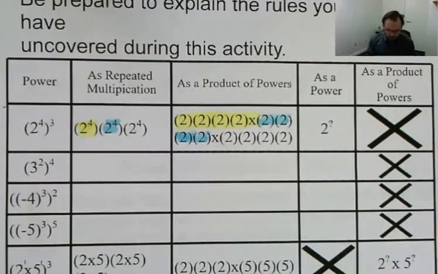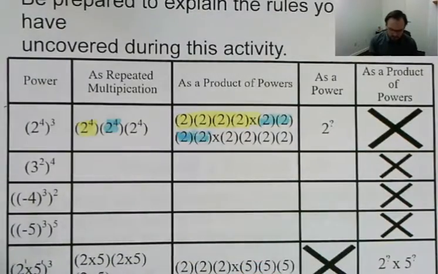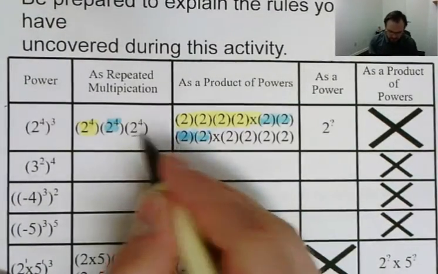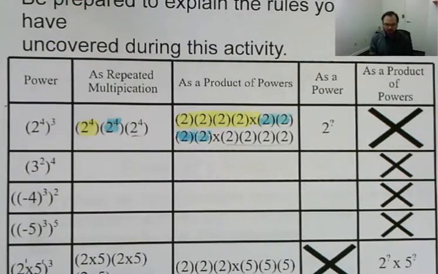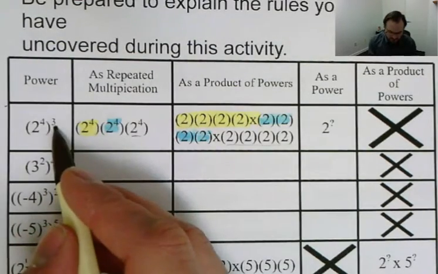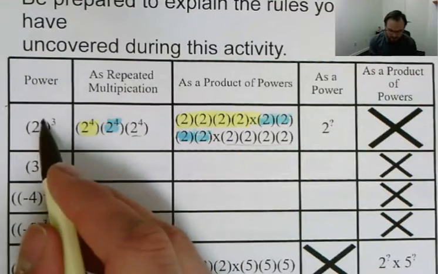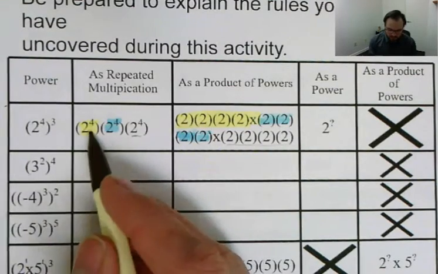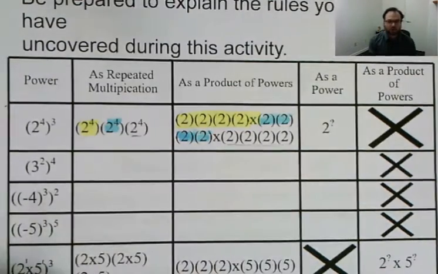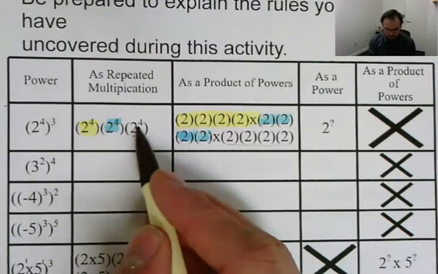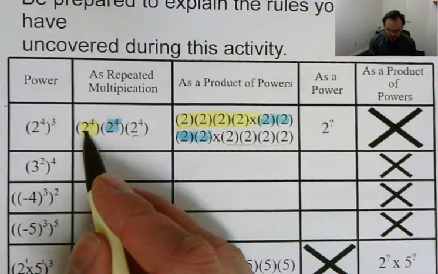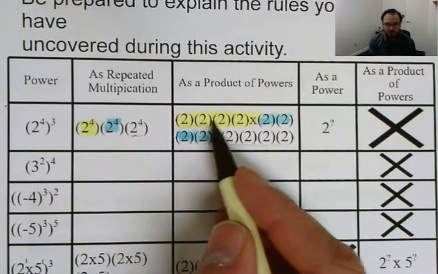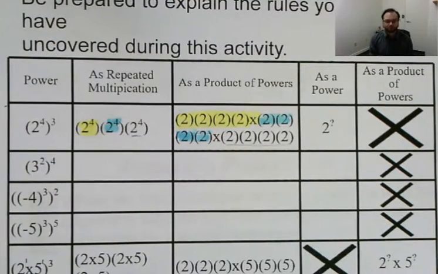And then I have one more here that I'm just going to underline: 2 to the power of 4 is 2 multiplied together 4 times. So the exponent 3 represented everything in the brackets to be multiplied by itself 3 times, right? 1, 2, 3. This exponent 4 meant that 2 is multiplied by itself 4 times.